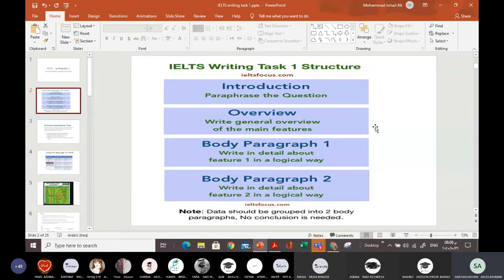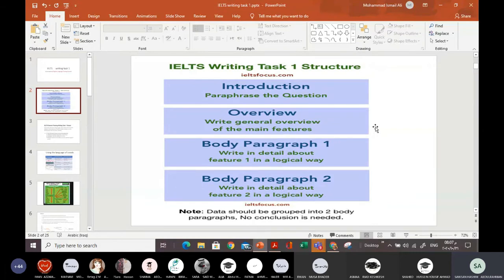Why we can't use opinion or suggestion? We are not going to use argument or advice, because everything is fact. You are not going to give an opinion to task 1, because everything in task 1 is fact. So you are not going to write a conclusion.